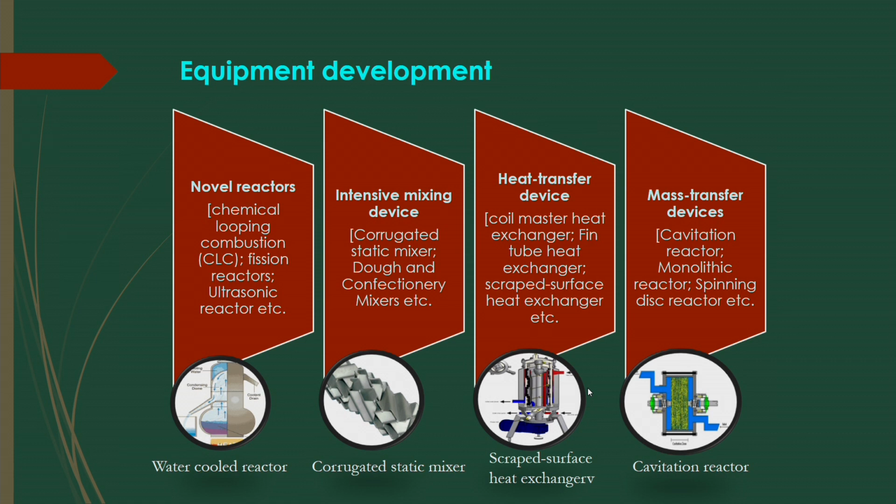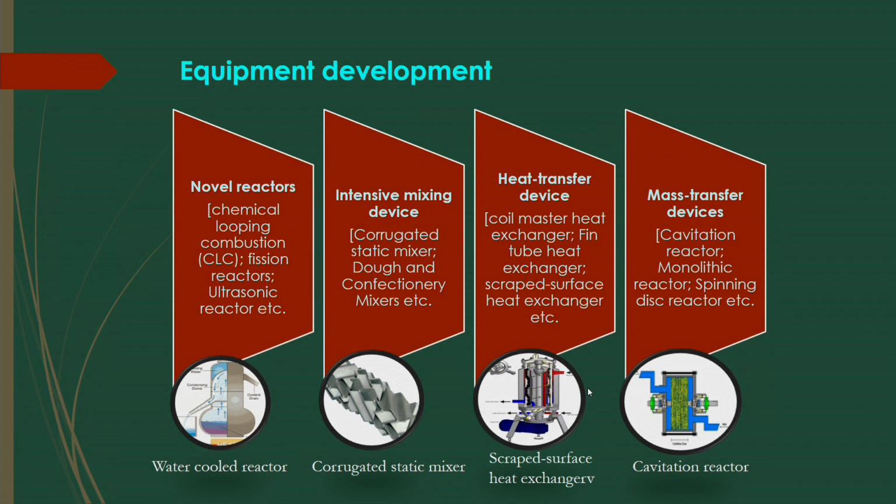Now, for equipment development you have to consider some novel reactors like chemical looping combustion reactor, fission reactors, ultrasonic reactor. Based on different process intensification techniques that you can develop, novel reactors are there. There are several other reactors available nowadays for process intensification.